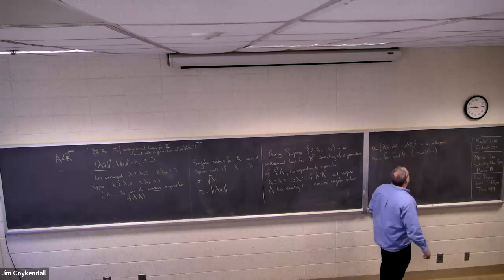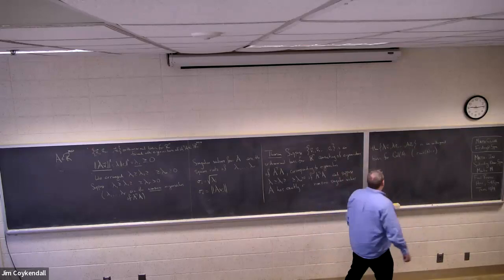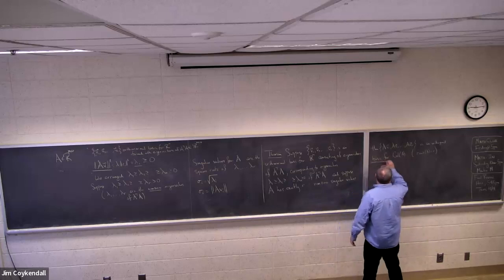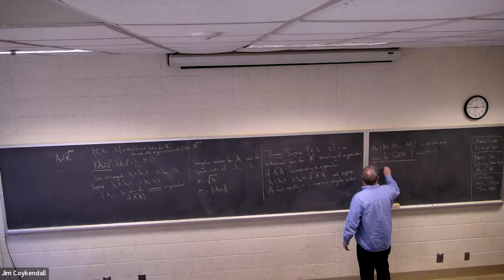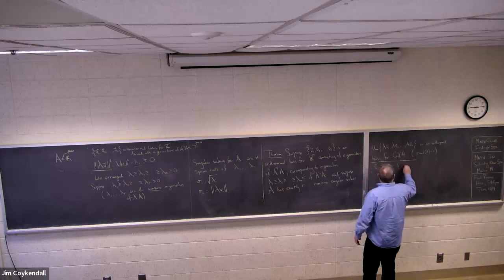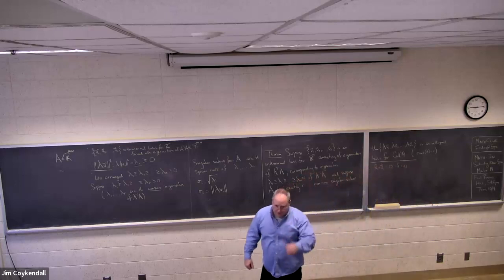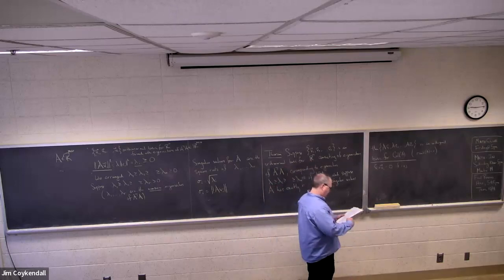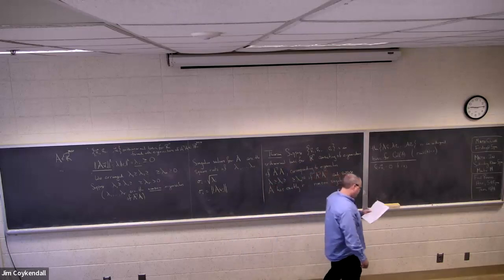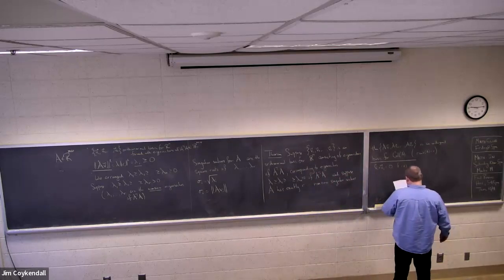These actually form an orthogonal basis for the column space of A. And here's why this is so. Notice that v_i dot v_j is equal to 0 if i is not equal to j. Why is this true? Because at the beginning, I picked this to be an orthonormal basis.